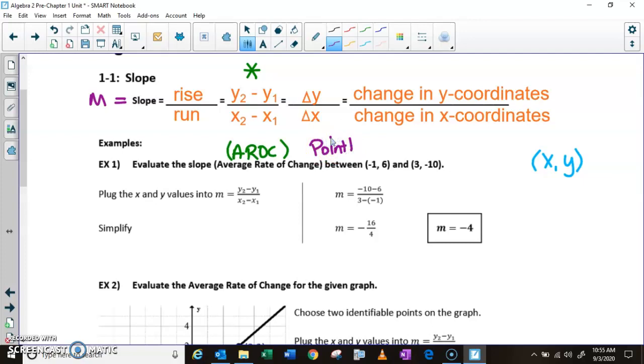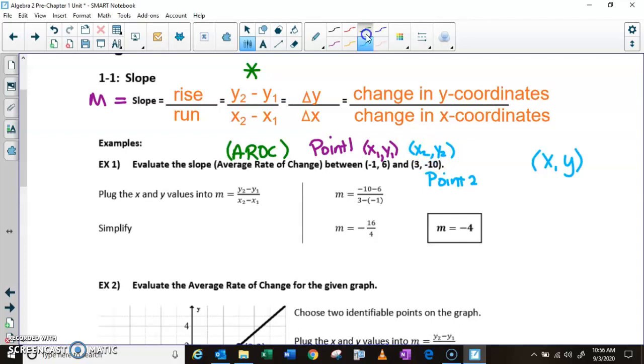So this ordered pair is going to be x comma y, but so that I know that it's point 1, we're going to put subscripts in there: x1, y1. 3, -10 is then going to be point 2. So we're going to designate this one again as an ordered pair x comma y, but we'll use a subscript of 2 to designate that as point 2.